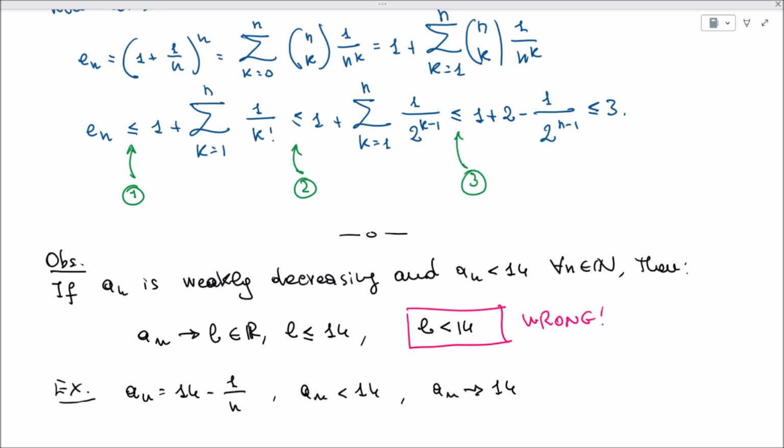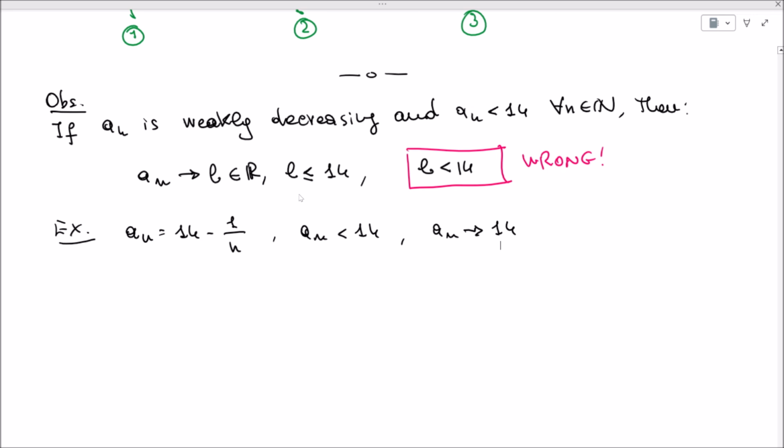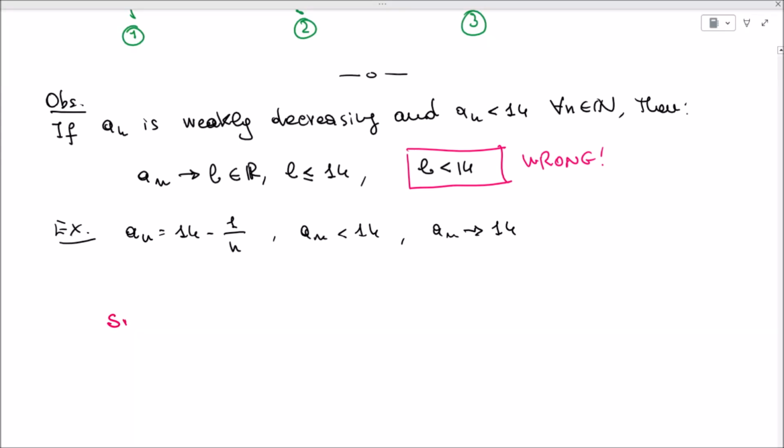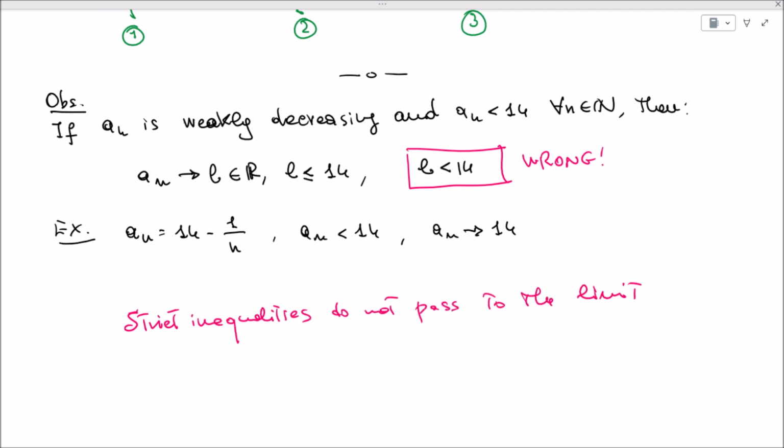Okay, and this is valid in general, and it is worth pointing out, saying that strict inequalities do not pass to the limit. This is something to keep in mind for the future.